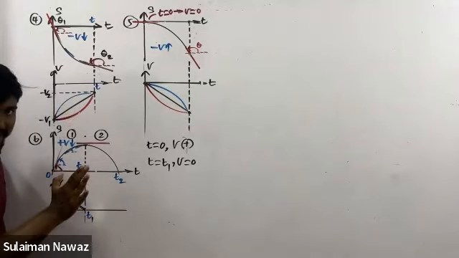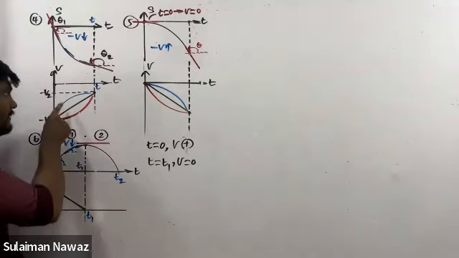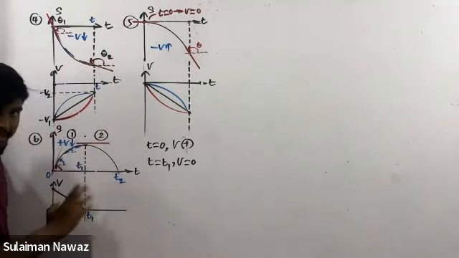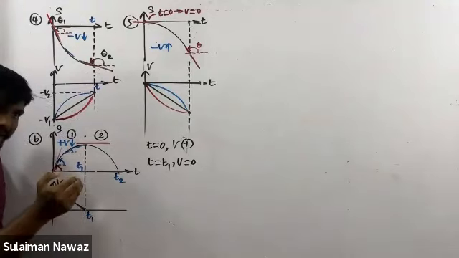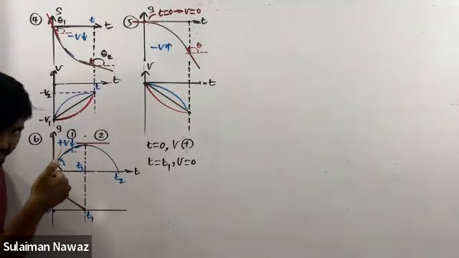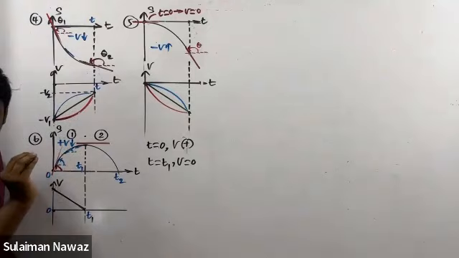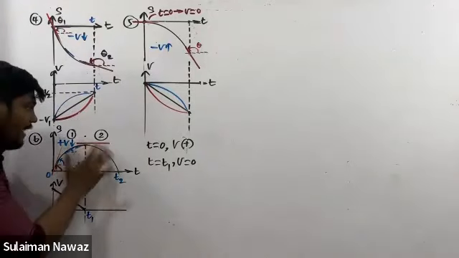But I told you that hereafter I don't draw these blue or red curved graphs. But you should understand that even if some students draw it that way, that is also correct. I hope that is clear. Okay, and then check the second part.